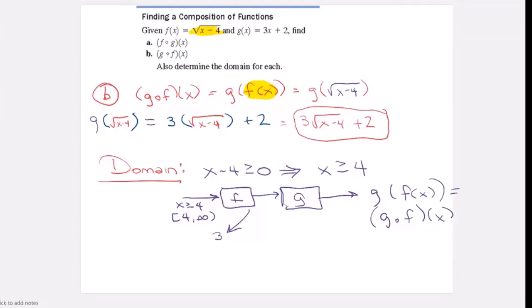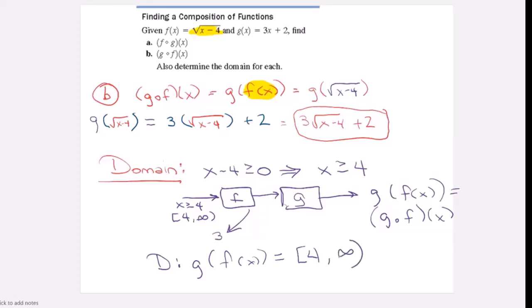Okay, so my domain has only really got to do with f of x. And f of x is in its original form for that function. So my domain for the entire composition, sorry, getting these backwards, of g of f of x is equal to 4 comma infinity.